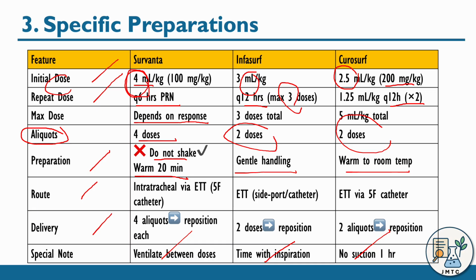Available ba itong mga to, itong tatlong surfactants natin sa Philippines? Kasi parang hindi ko pa sila narinig dito sa Philippines. But yes, these are available, but limited lang sila for tertiary hospitals or sa mga NICU. Ang commonly used dito sa Philippines is the Curasurf or the Surfactant Alpha.